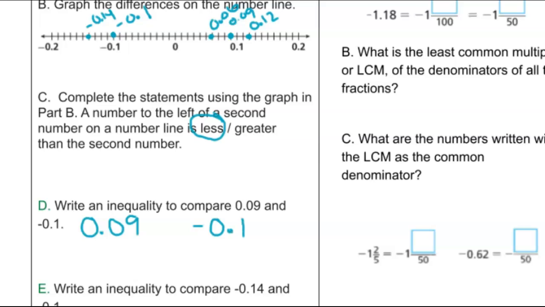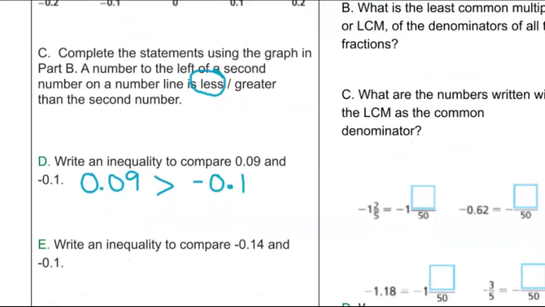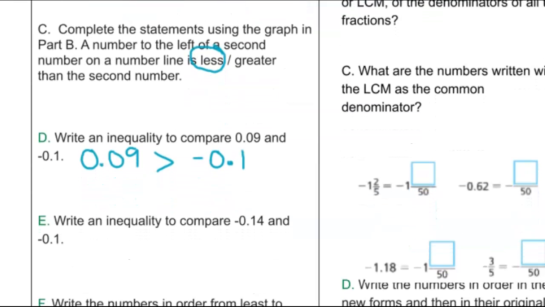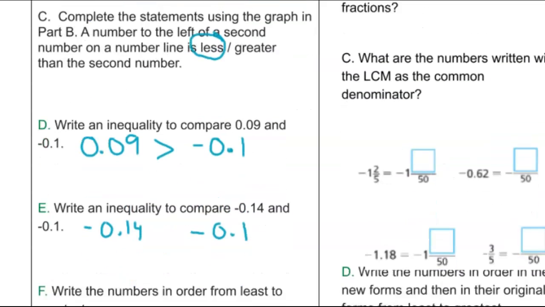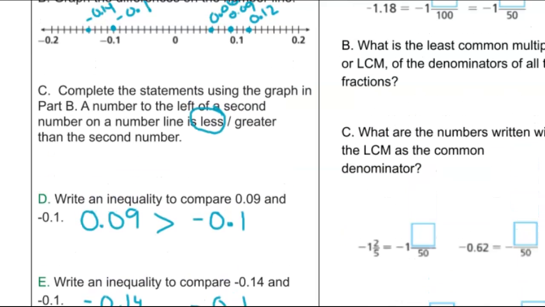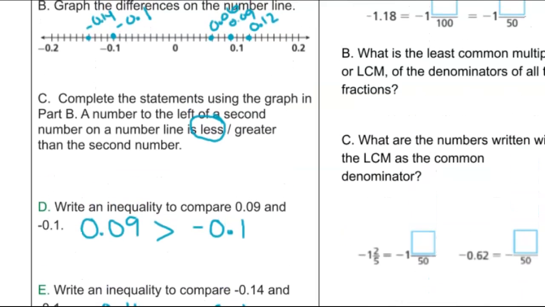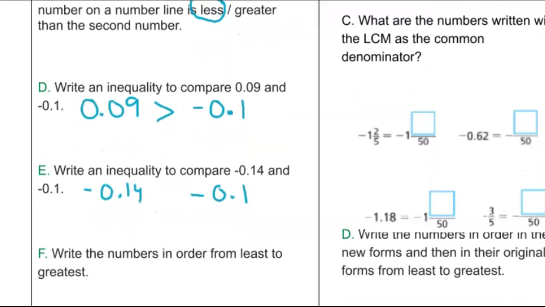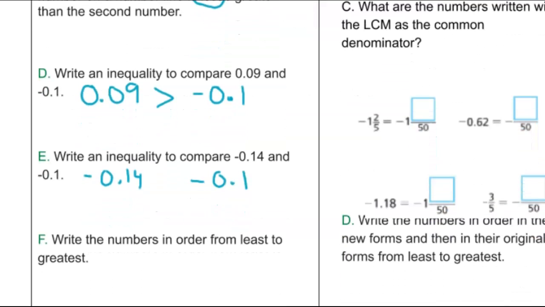I look, this is positive, this is negative, it is greater than. Now we have this one. Write an inequality to compare negative 0.14 to negative 0.1. If I look up at the graph, negative 0.14 is farther to the left, making it smaller. So this is less than.